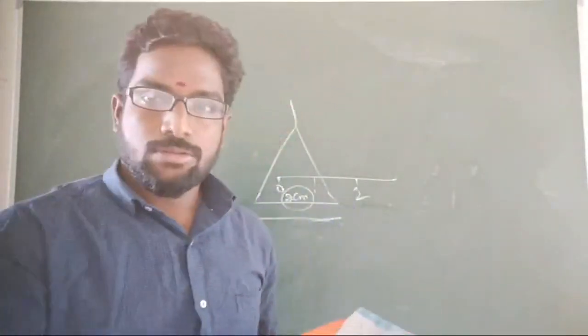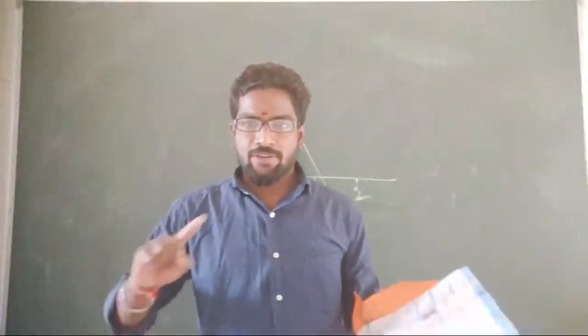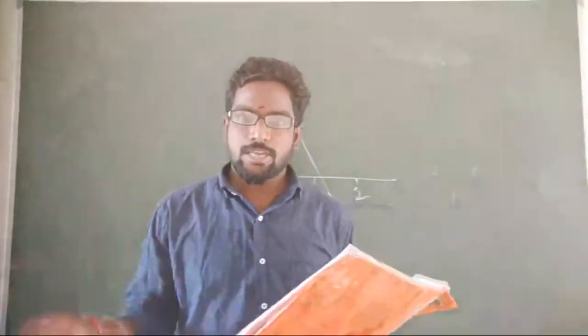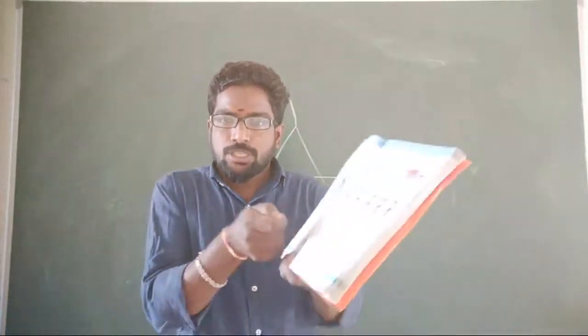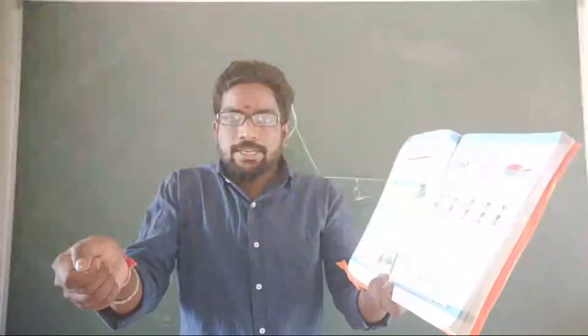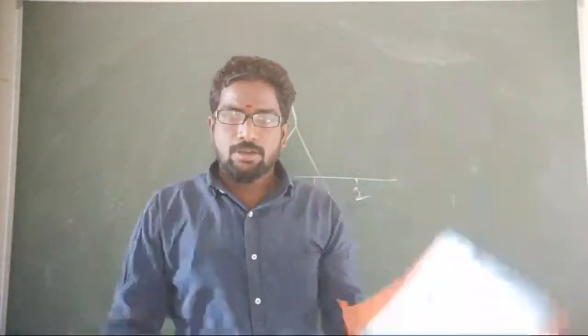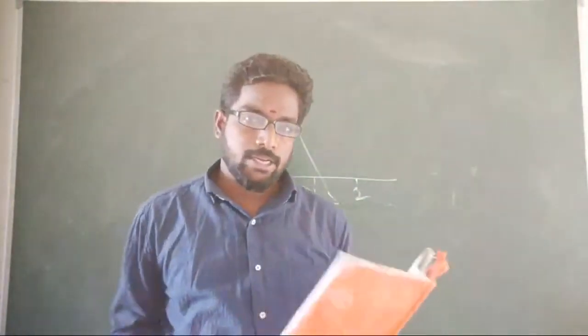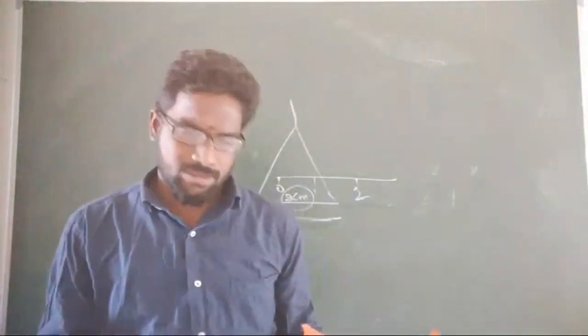That's it, simple. We won't use the divider always. If you don't know the length of a line segment, by placing the two ends of the divider at the ends of that line segment, you will be able to measure its length. Okay, leave that. No problem. Don't worry.